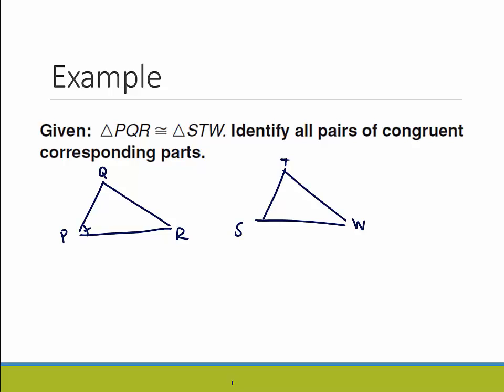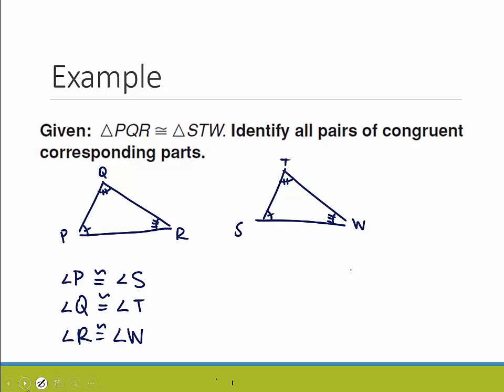So this angle here has to be congruent to that one there because they're both first. So angle P has to be congruent to angle S. And then angle Q and angle T, because they're both mentioned in the middle, have to be congruent. And then finally, angle R and angle W have to be congruent.